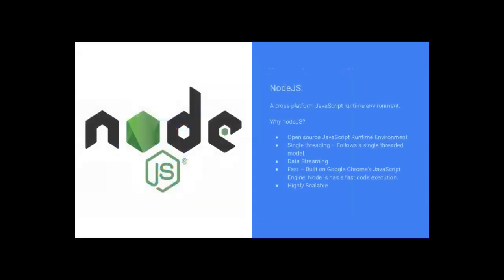Now, this brings us to the last part of MERN, which is Node. Now, Node was initially built by Google in 2008, and it is built for Google Chrome. Node.js is basically a JavaScript environment which allows you to run code on the server side outside the browser.